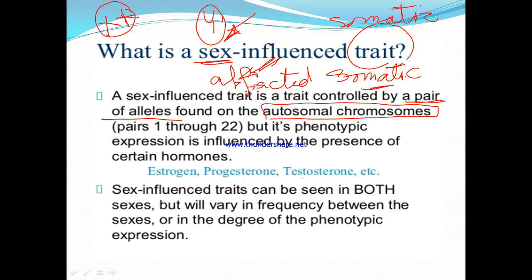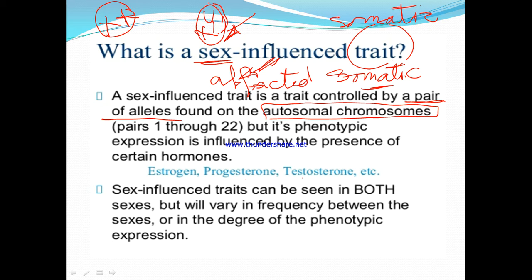So the allele, if it is present, it has no Y chromosome action, so it will not appear. But in the male we have Y, so we have the hormone that affects this trait, so this trait will appear.